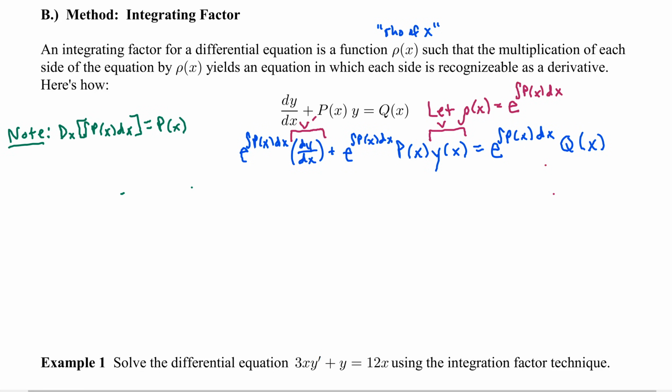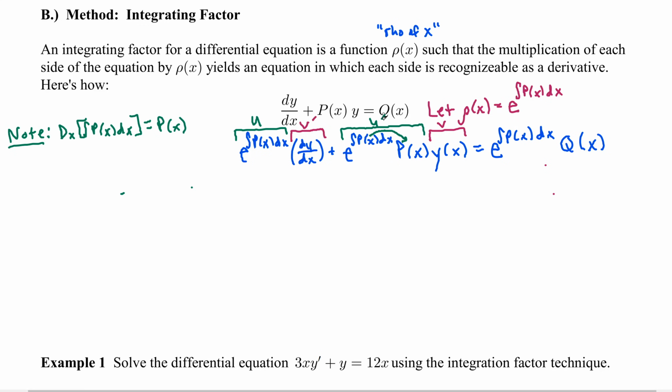This is important to recognize because I have a function e to the integral of p of x dx. I'm going to call that u. If I were to differentiate this function u, I would make a copy of the exponential exactly as it appears, and then I would multiply by the derivative of the exponent. Well, as we observed, the derivative of this exponent is right here. So if e to the integral of p of x dx is u, then this term would be u prime. Now look carefully at the pattern of the left-hand side of this equation.